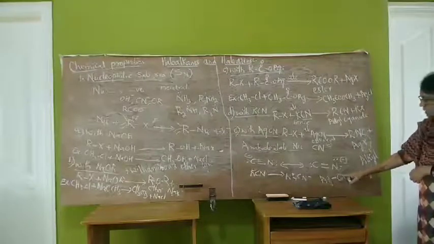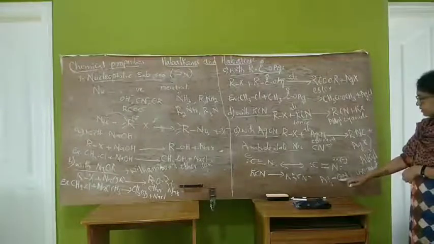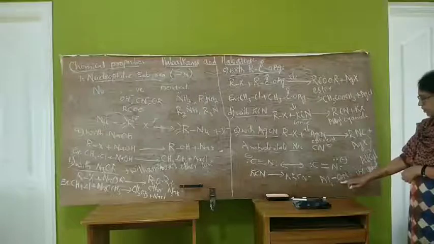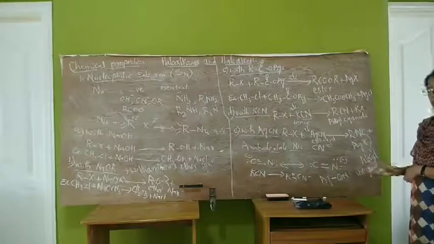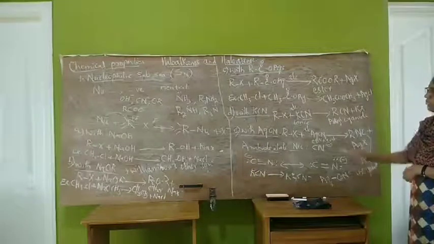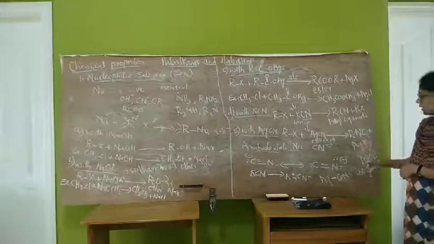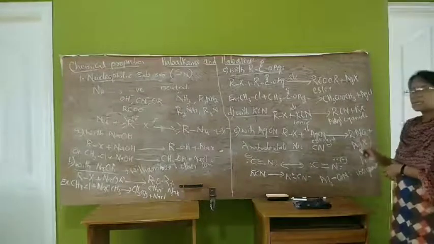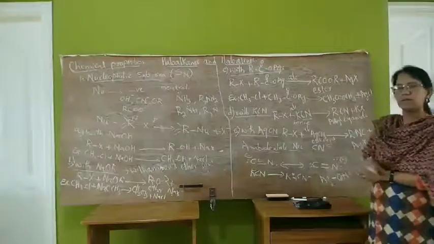Therefore, the CN minus ion is not formed here, and the carbon is not free to donate. Nitrogen contains electrons, therefore the cyanide will be bonded to the alkyl group through nitrogen. Therefore, alkyl isocyanide is the major product in case of silver cyanide.